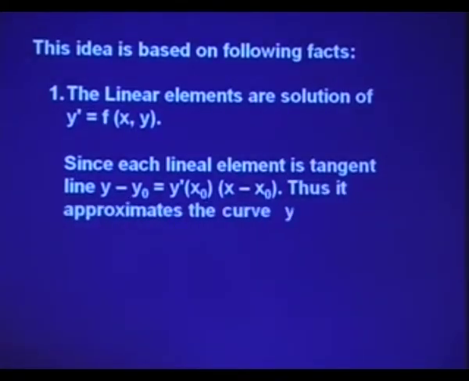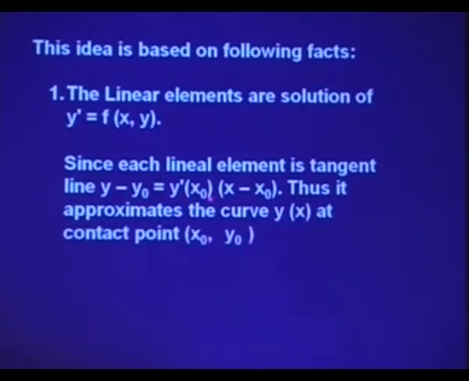So at the point (x0, y0), the tangent line would be y minus y0 is equal to y dash at x0 times (x minus x0). At this contact point, this linear element, that is the tangent, and the curve are the same. So it is a solution of this differential equation at the point (x0, y0). This is the first fact.